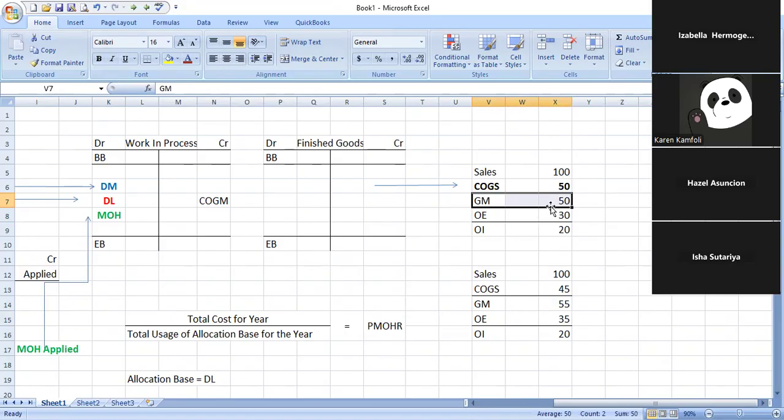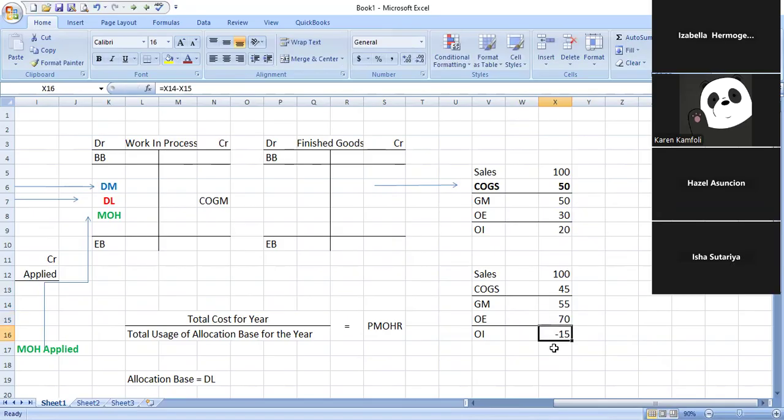And if you don't generate enough gross margin, and let's say my gross margin here, because I forgot about the security, the insurance, the property taxes, I'm looking at the end of the period, my gross margin is 55. But my operating expenses, since I forgot about security, property taxes, and insurance, are now 70.